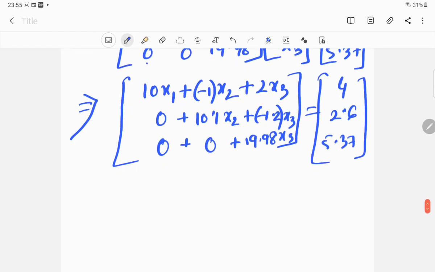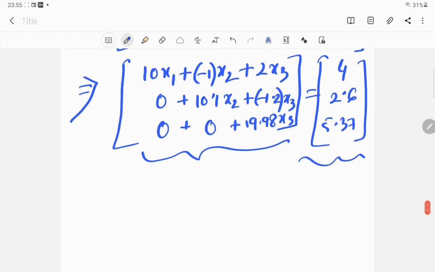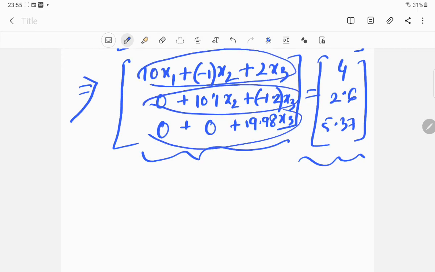In a matrix equation, if the matrices are equal, their elements are also equal. This is a 3 by 1 matrix, and this is also a 3 by 1 matrix.